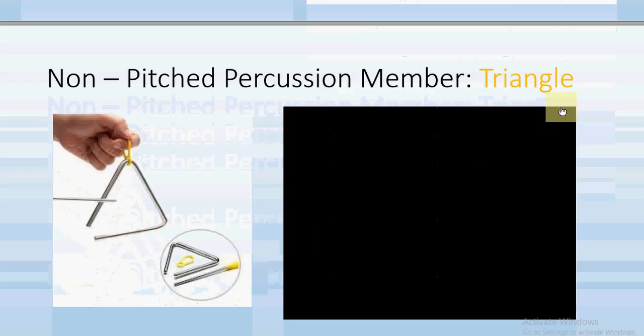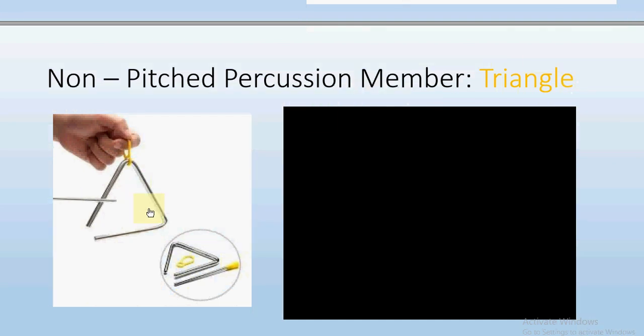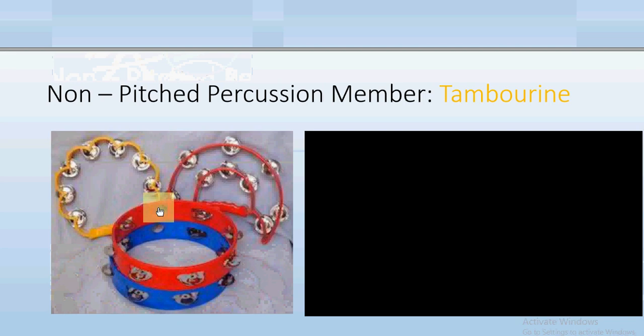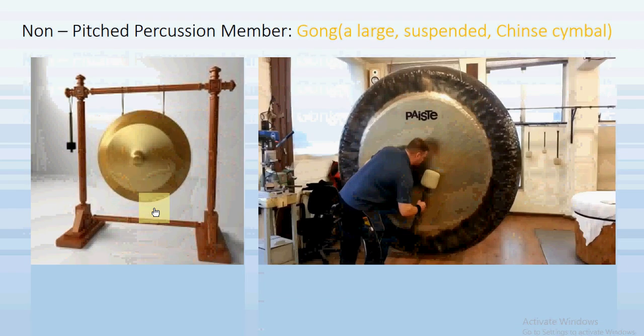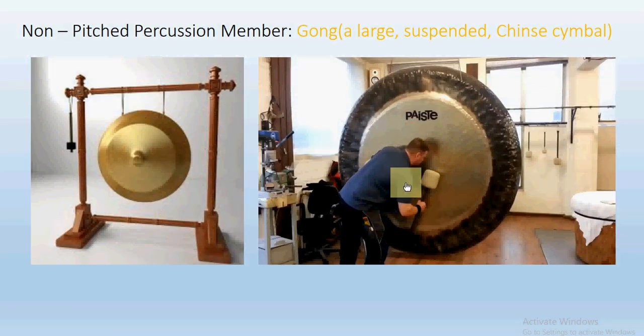Then we have the triangle. So that's a triangle. Then we have the tambourine. The tambourine is very popular; I think most of us might have seen it. Then we have the gong.